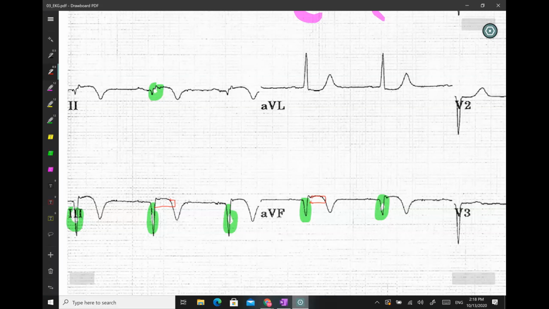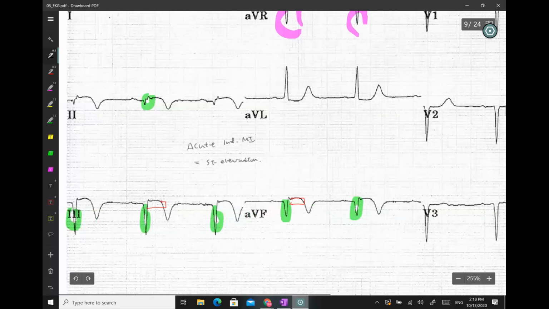Okay, so we do have ST elevation. Yes. Acute MI. Exactly. So we do have an acute inferior MI. But let's go to the anterolateral leads.